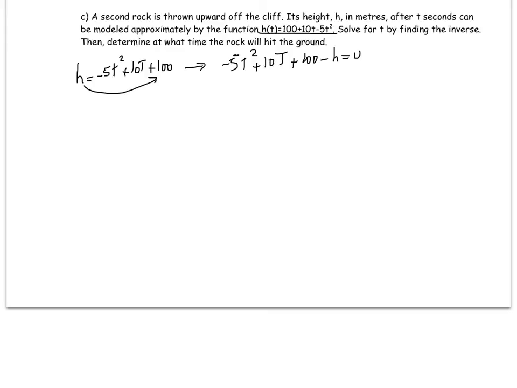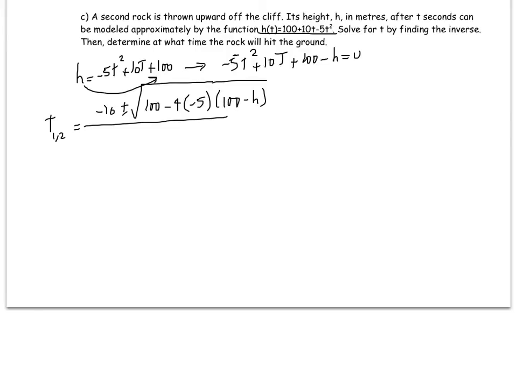The two roots are t equals minus b, minus 10, plus or minus the square root of b squared, 10 squared is 100, minus 4a, where a is negative 5 and c is 100 minus h, over 2a, which is 2 times negative 5.